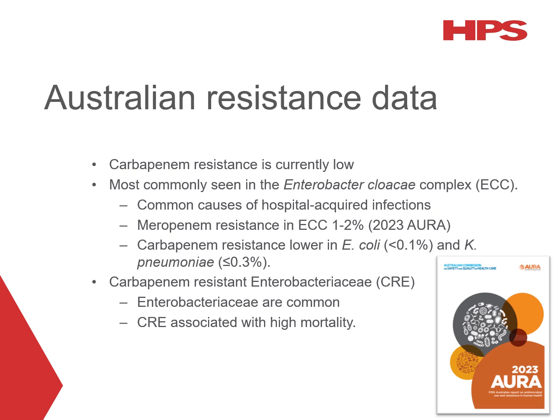So the 2023 AURA report, or the Antimicrobial Use and Resistance in Australia report, states that meropenem resistance in ECC is between 1 and 2%. So carbapenem resistance was reported to be much lower in E. coli at less than 0.1% and around 0.3% or less in Klebsiella pneumoniae.